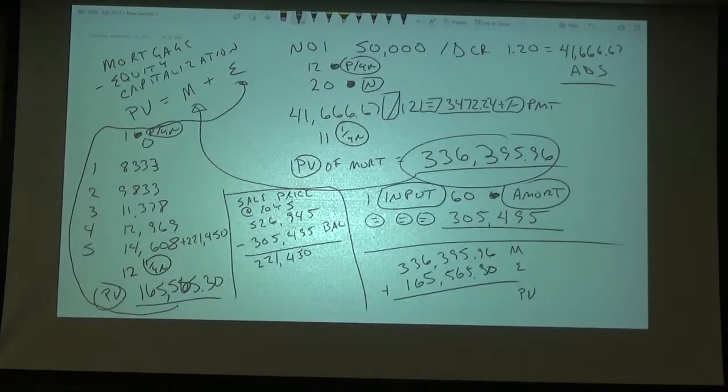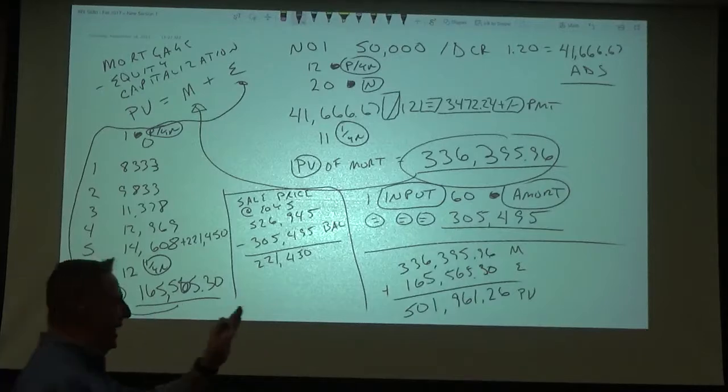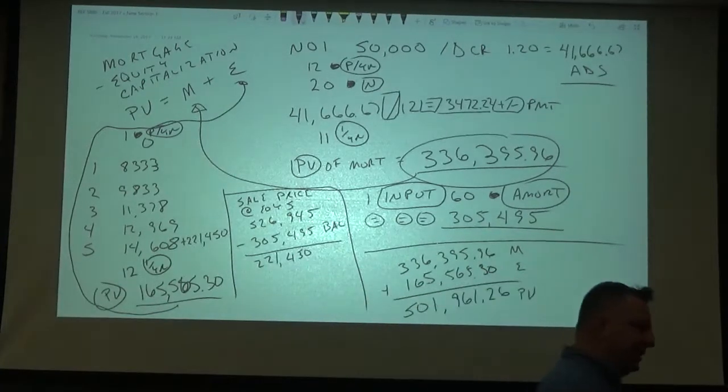Okay, we should end up with an overall value for the property of 501,961.26.